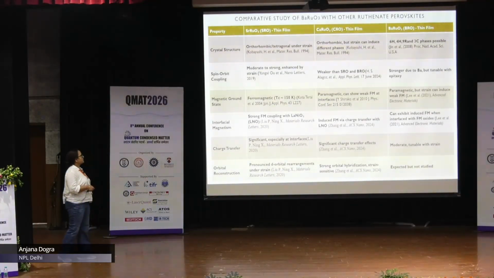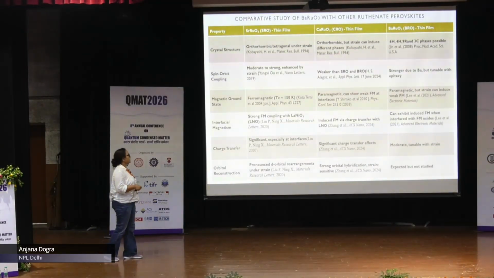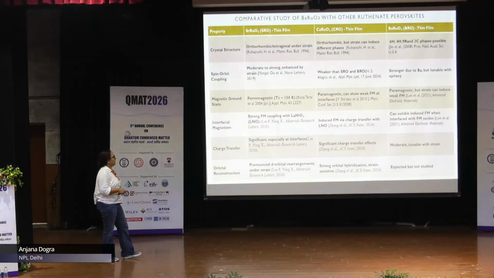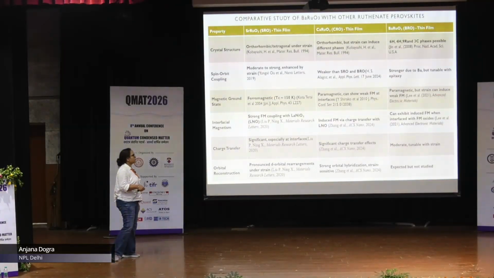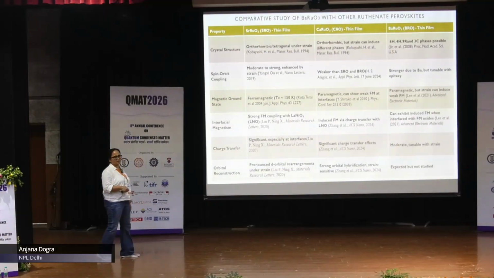And if you talk about the magnetic ground state, SrRuO3 is very much ferromagnetic with a Tc of 150 Kelvin, and CaReO3 was paramagnetic. And BaReO3, as I said, is paramagnetic, but strain can induce weak ferromagnetism.